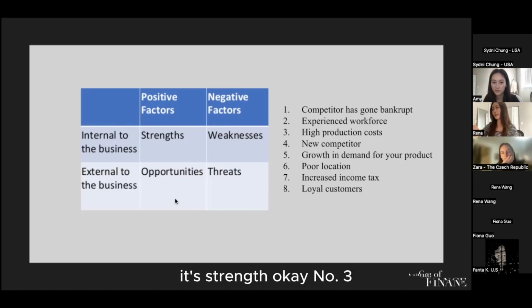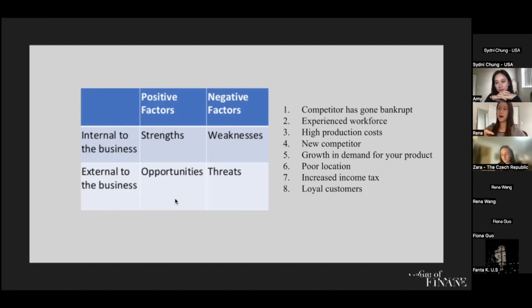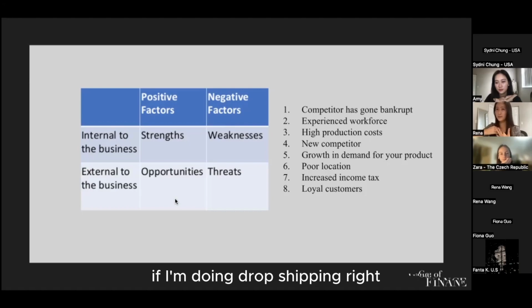Okay, number three, high production cost. Yes, it is a weakness. If the company is buying the product from another company to resell, for example, if I'm doing drop shipping, and the company I'm buying from has raised their production costs, it could be a threat. So yes, usually it's a weakness. It could also be a threat.